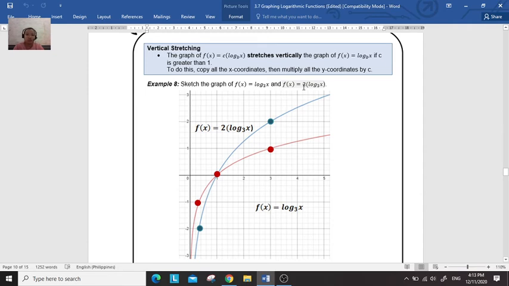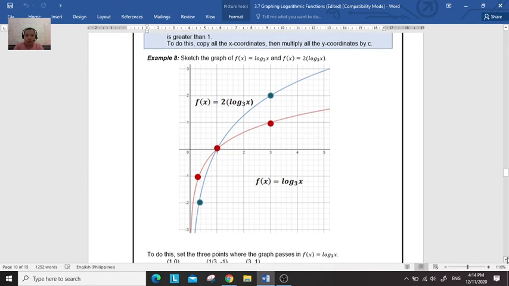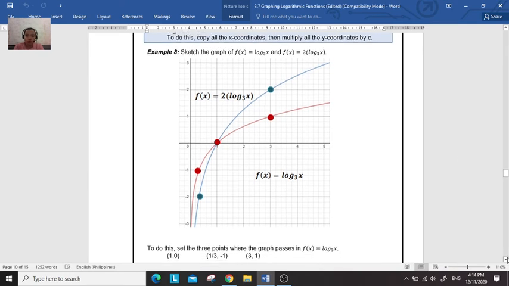Okay, so this would be the graph of the function. Okay, this one. Alright, so how to do it?